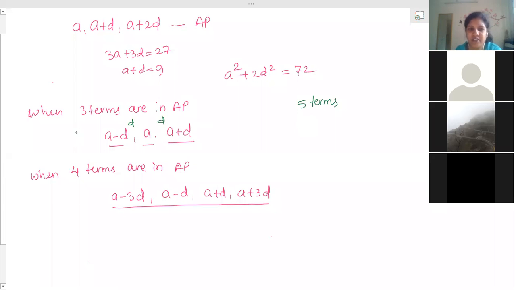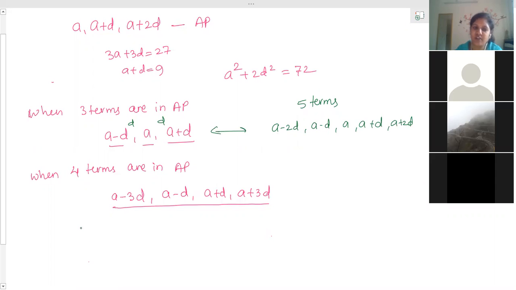you have to extend this part. These 3 terms you have to extend. So it is A minus 2D, A minus D, A, A plus D, and A plus 2D. When there is an odd number of terms, you keep on extending this part. Now if it is even, that means if you need 6 terms, then you are increasing here.